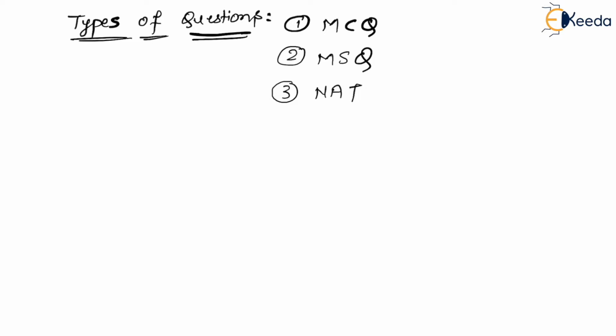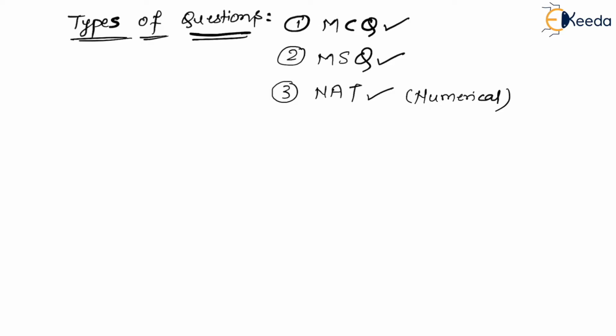Now you may ask me, sir, what is the meaning of MCQ? MCQ is nothing but multiple choice questions. MSQ is multiple select questions, and NAT means numerical type questions.